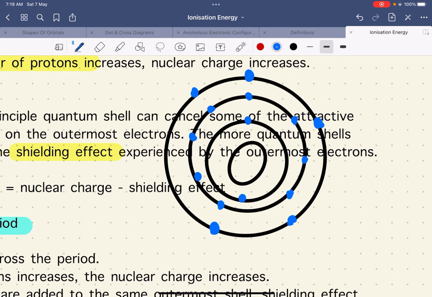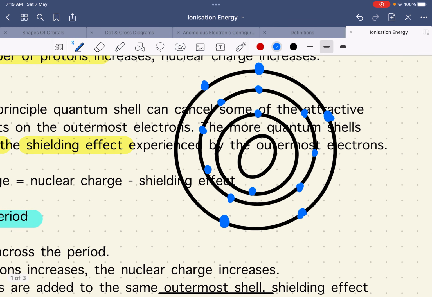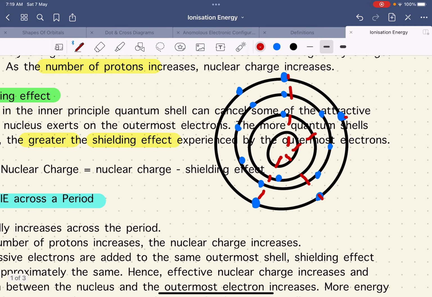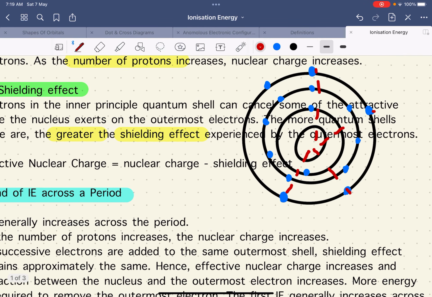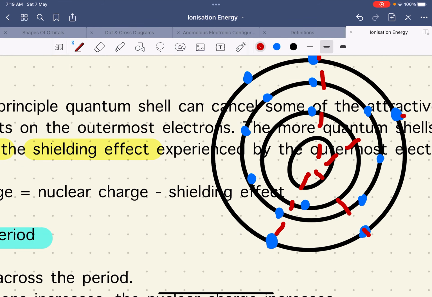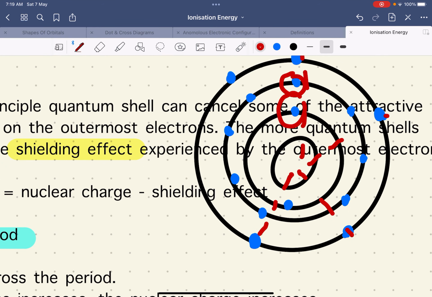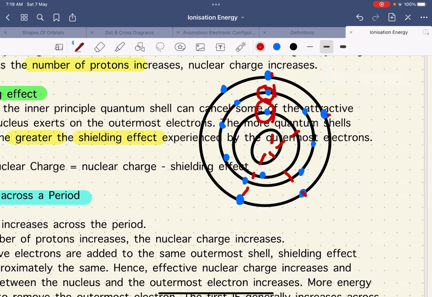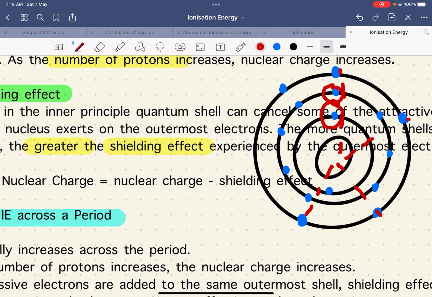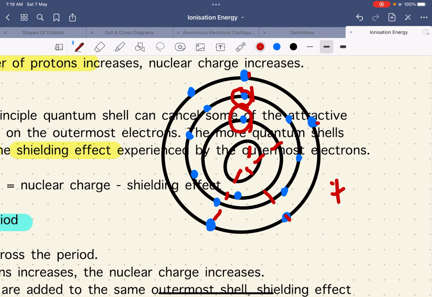Now there is an attraction between the nucleus and the outermost electrons. But the electrons in the inner principal quantum shells help to mitigate some of the effects here, because positive is cancelled out by negative, and an electron in the inner principal quantum shell is negative.